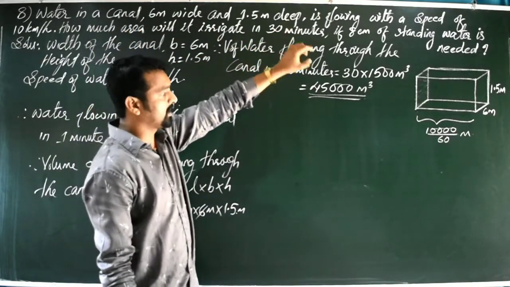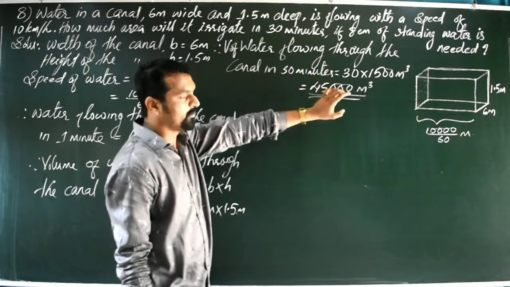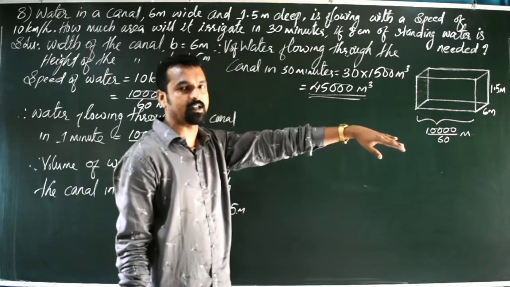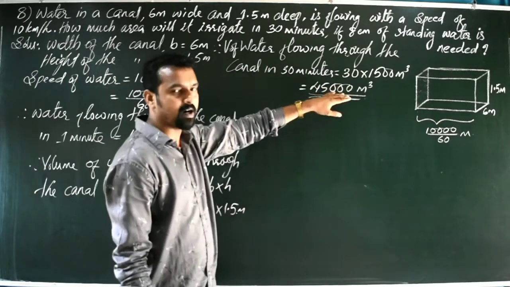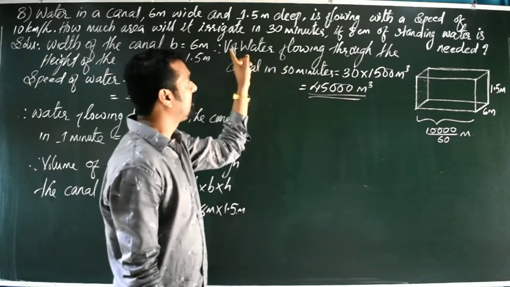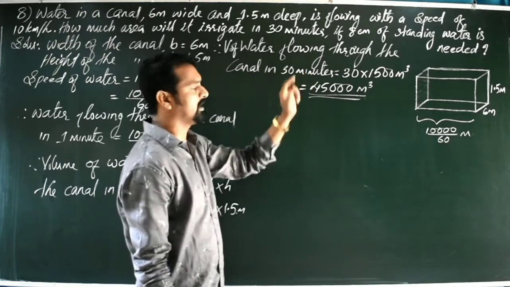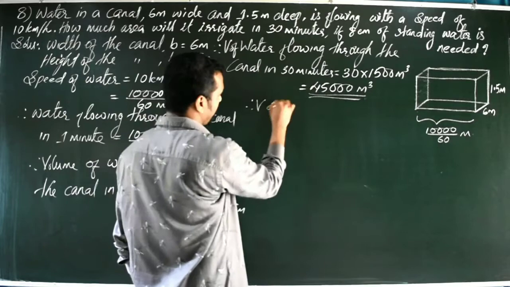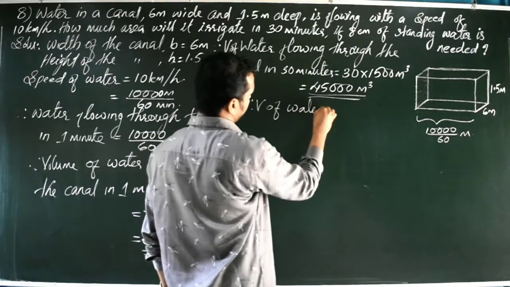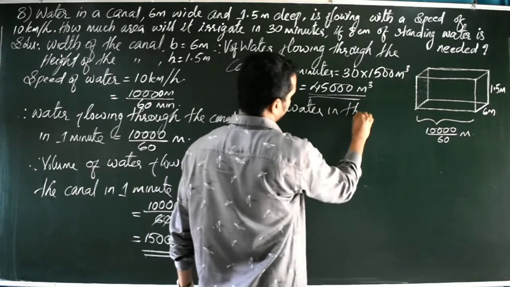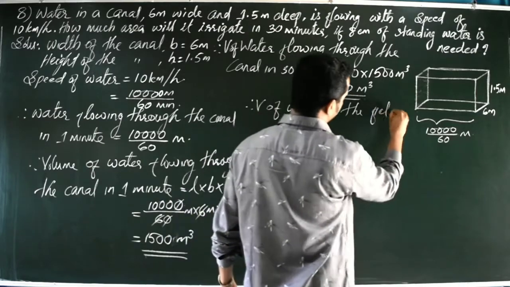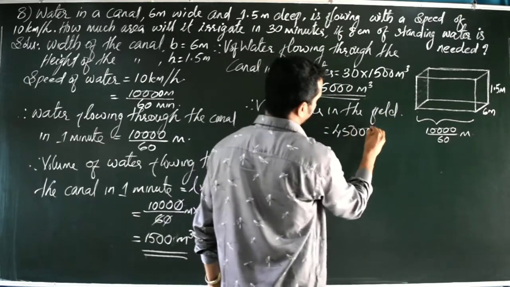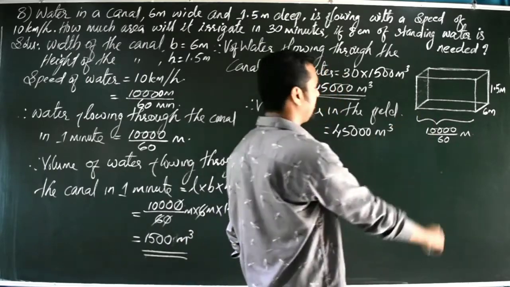So here we can write, volume of water in the field is equal to, that is this much water it is flowing there in the canal. So volume of water in the field is equal to volume of water flowing through the canal in 30 minutes. Therefore volume of water in the field is equal to 45,000 meter cube.